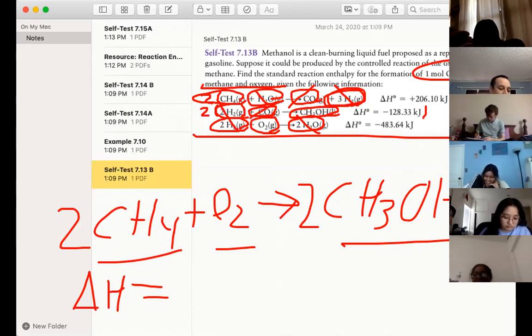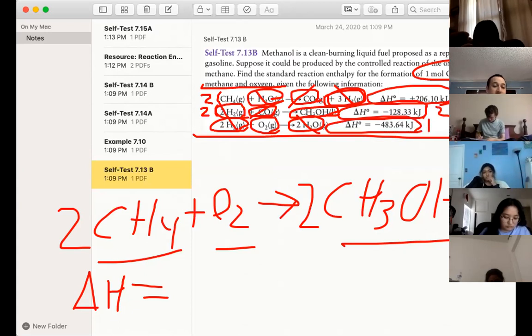And in fact, that's our equation down below. Okay, so how do we make sense of the enthalpy situation? All right, so really it's just 2 times this, and then you've got 2 times this guy, and then you've got 1 times this guy, okay? And you just add them up.